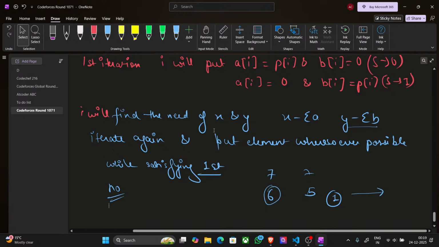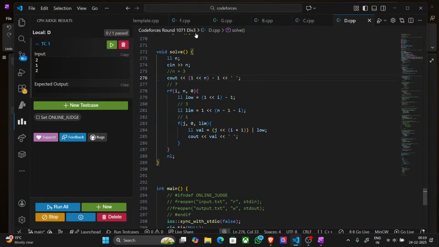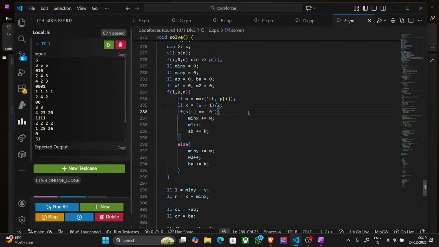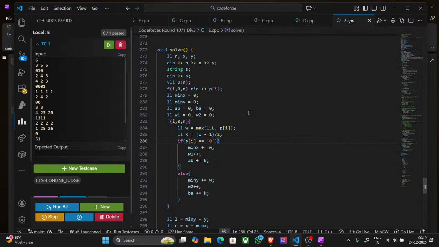Okay, so let's look over the code. This is the code. As you can see, what I have done: I have taken n, x, y as input, string as input, and the array p as input.